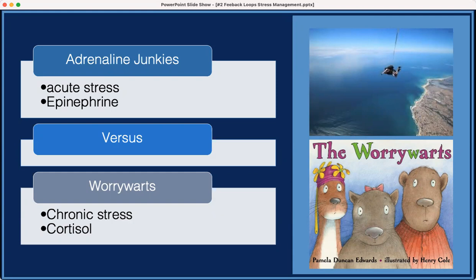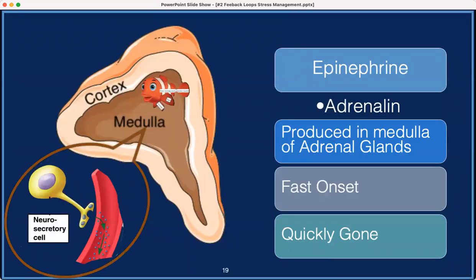With the chronic stress or the cortisol response, remember, cortisol is good when it's short duration, and things get back to baseline. But the worry part that releases cortisol continuously is not good. So remember, epinephrine, also adrenaline, is produced in the adrenal medulla. It's fast onset, it's very quickly gone, stimulated by those neurosecretory cells that drop the epinephrine and norepinephrine into the bloodstream.